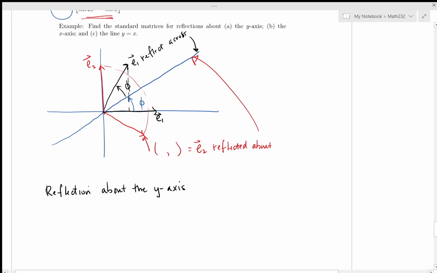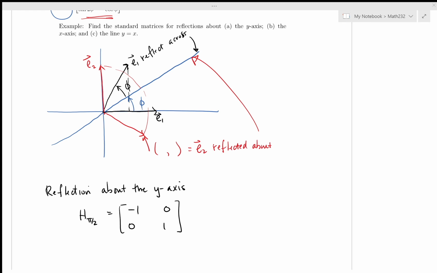So that it would be h pi by 2. And that would be cosine of pi, sine of pi, and minus cosine of pi. So we get that thing there. So what I claim is that if I take a vector, I multiply it by that, I will get a reflection across the y-axis. Let's just take a look.